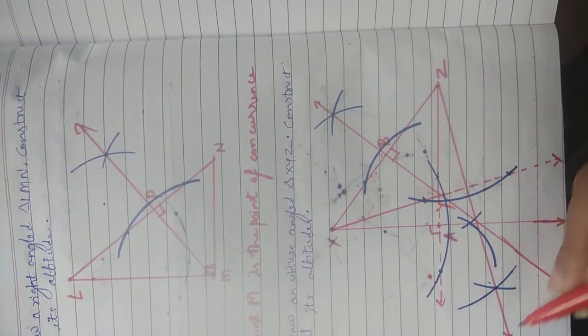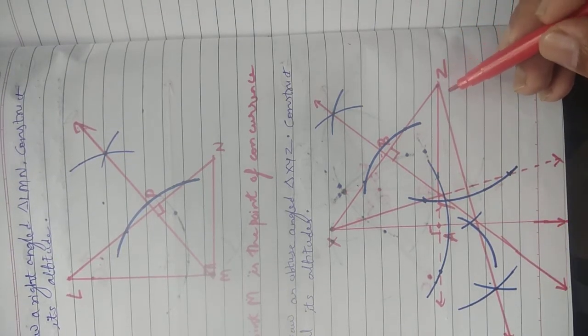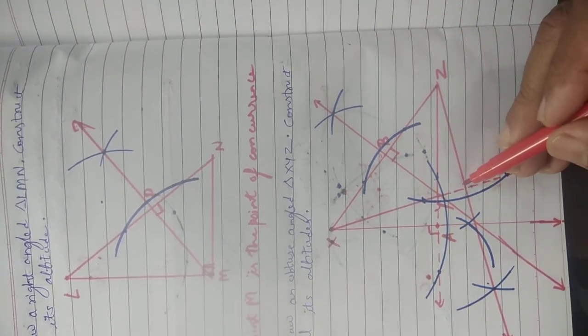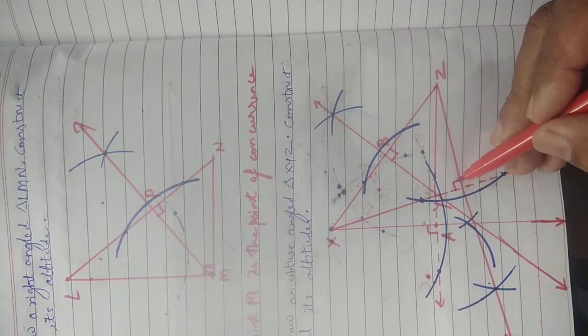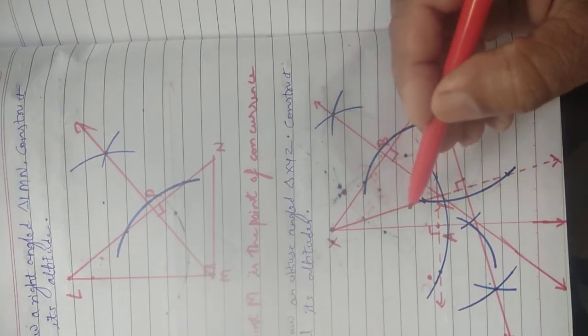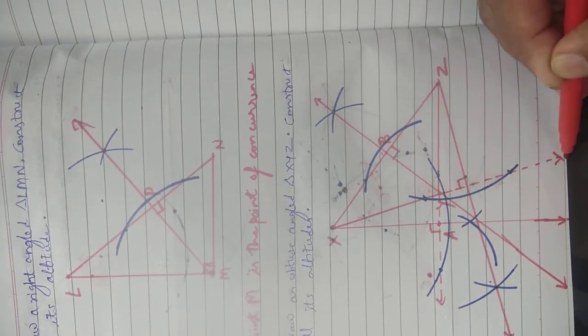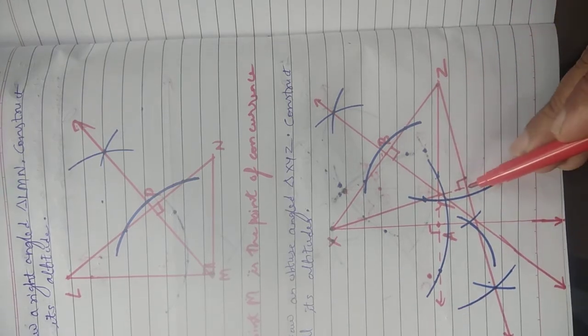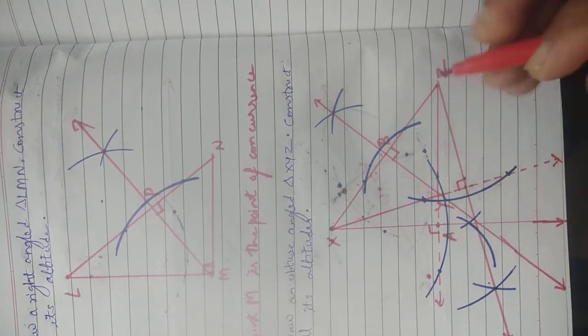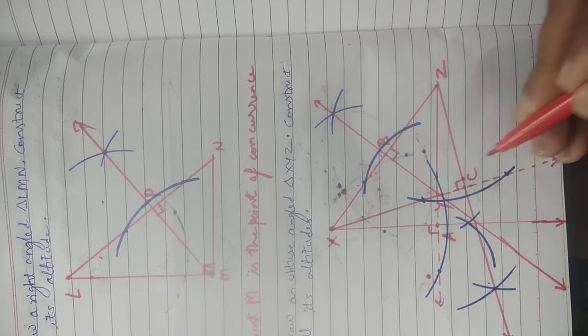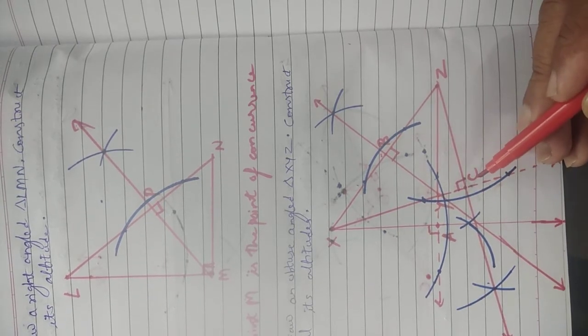So this is another altitude. Since this is the altitude drawn from Z, you will draw a perpendicular symbol at this point. Okay, this is XY, no? Side XY is extended here, and this altitude is intersecting XY at this point. So name this point as C and show the right angle symbol.